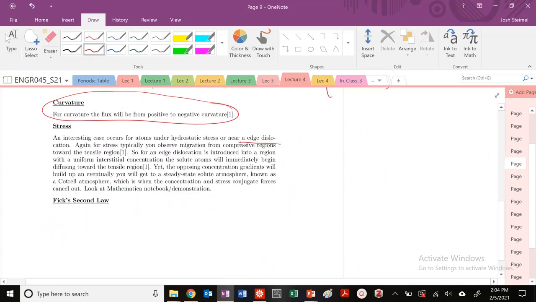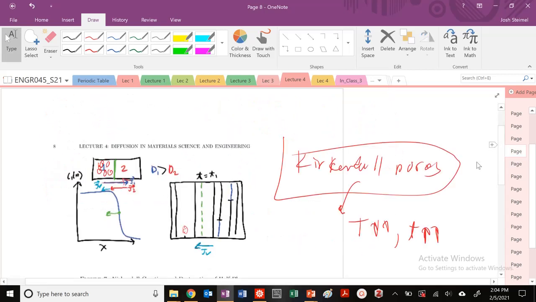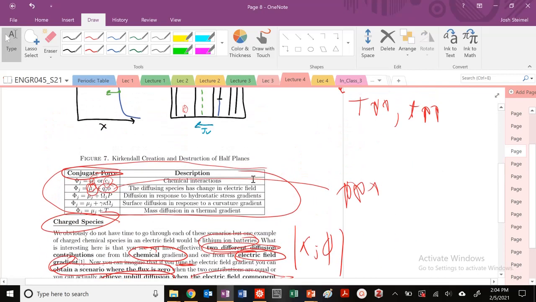Near an edge dislocation, we'll move from these compressive regions towards these tensile regions. One of the cool things is called the Cottrell atmosphere, and you can look this up. You'll have a gradient in chemical and a gradient in stress behavior as well. Let's go back to our slide here.